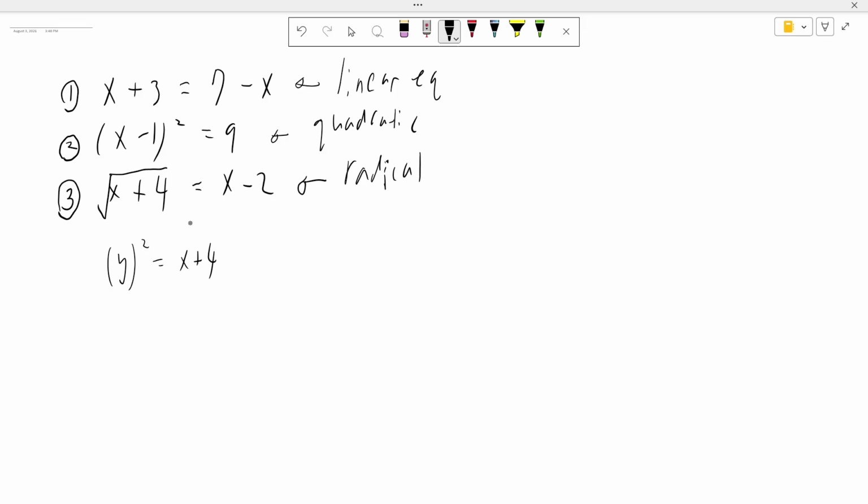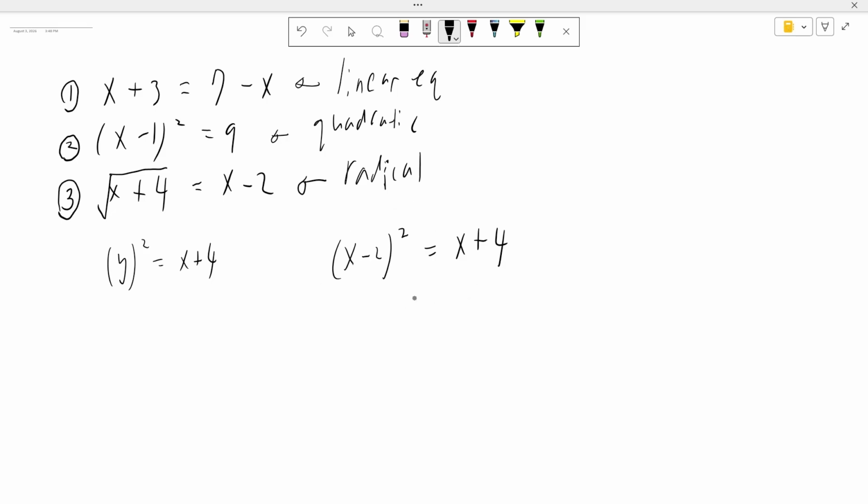And this equation is asserting that x minus 2 is that unknown y, which when raised to the second power will result in the radicand x plus 4. So if we just write that down, what that equation is saying is when this is raised to the second power, it's gonna result in x plus 4.